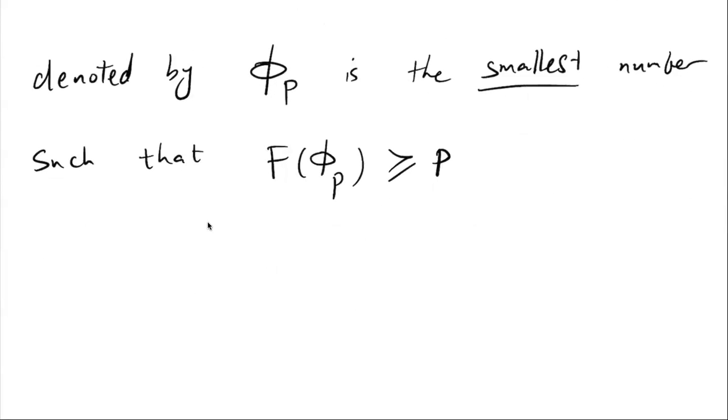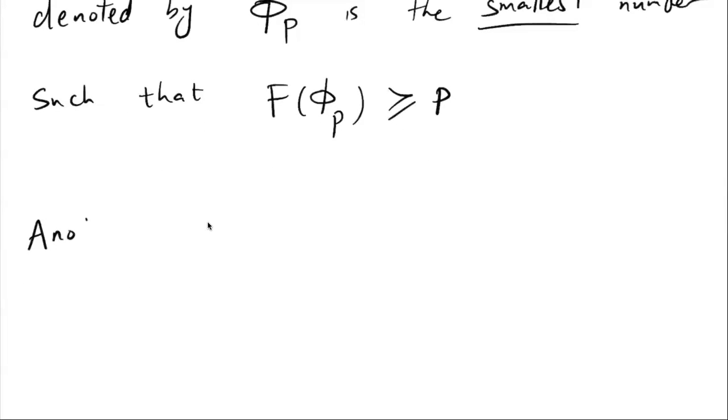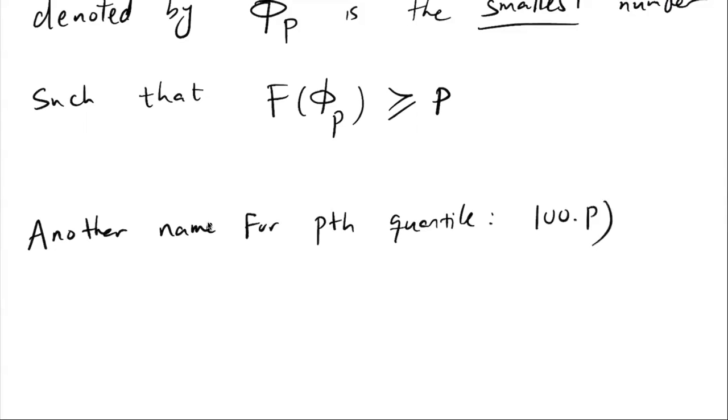So this number is called the pth quantile, and another name for the pth quantile is 100 times p percentile.